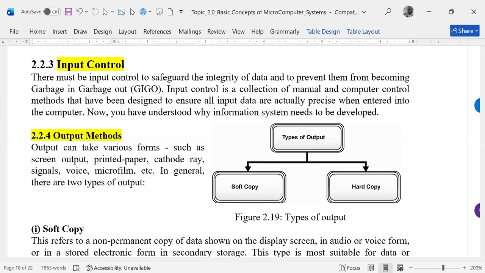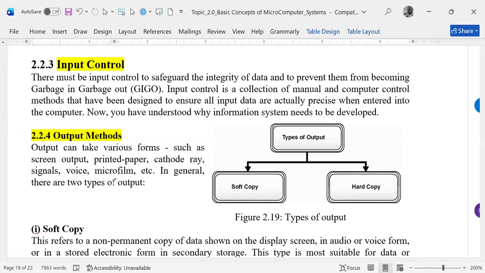So if there's no control, where we have maybe five series, somebody can type, or where you have age or amount, somebody can type text anyhow, then the system will not be able to use it for calculation.